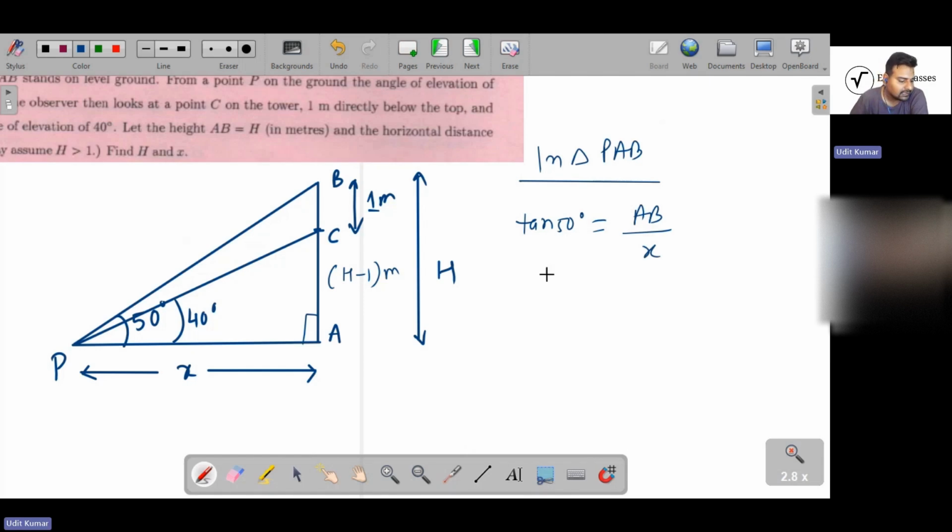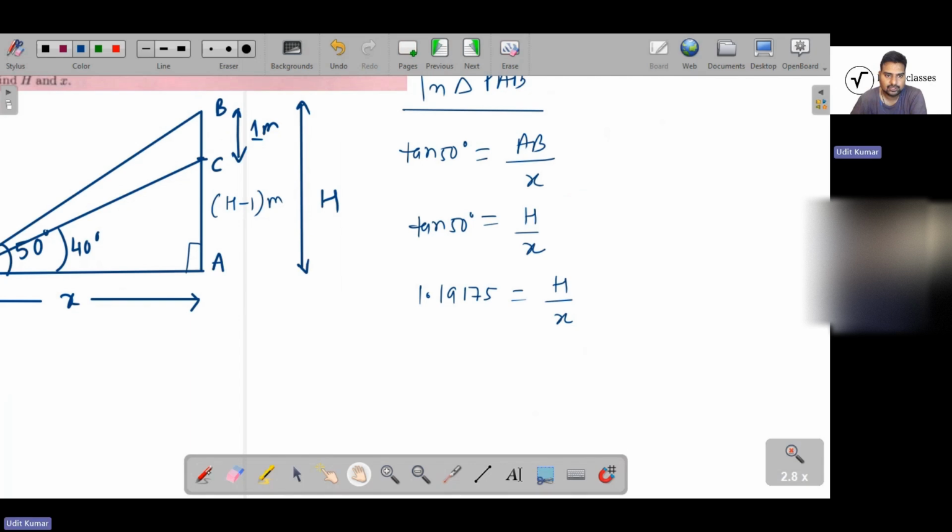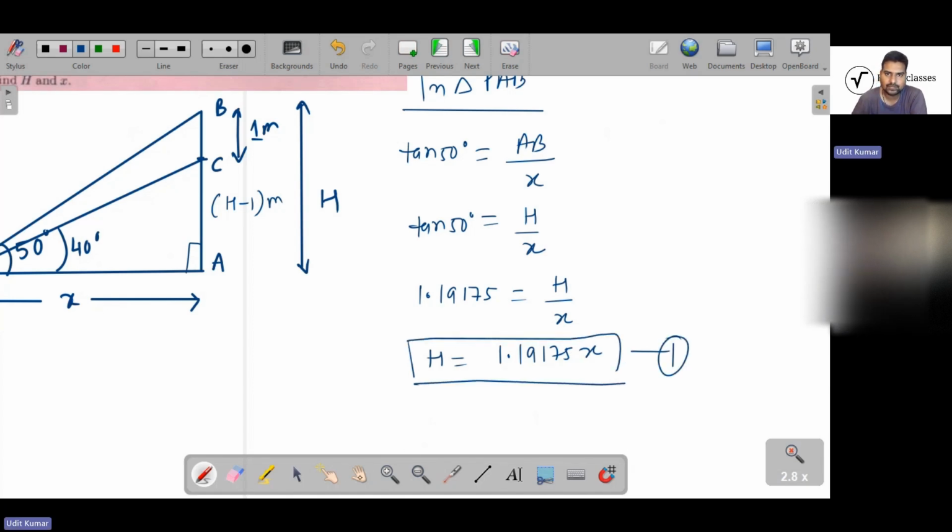Calculate the value of tan 50 degrees on your calculator: 1.19175. So h by x is 1.19175, which means h is equal to 1.19175x. Let's say this is equation 1.